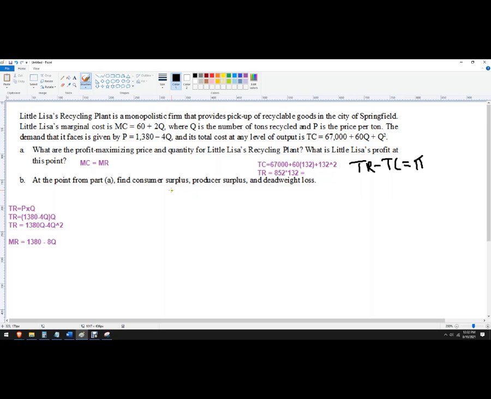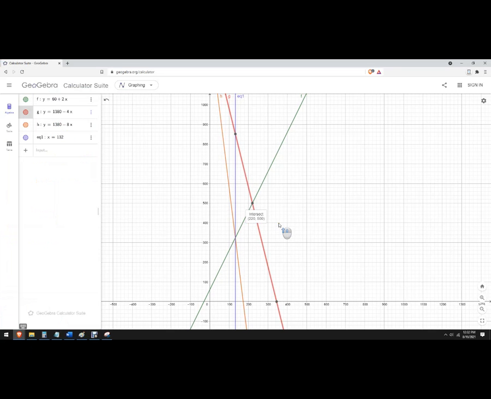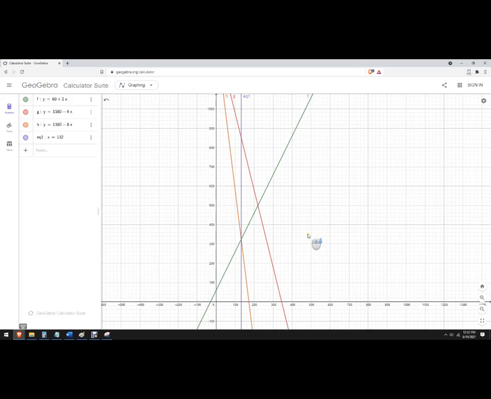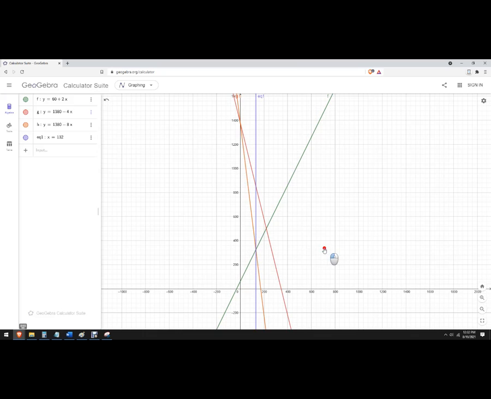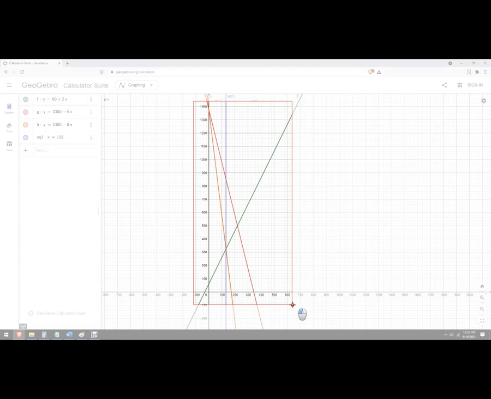All right, find consumer surplus, producer surplus, and deadweight loss. Okay, so let's go back to our calculator here. So deadweight loss is going to be the area of this triangle from here to here. Actually, let's do it this way. I can just draw on it right here. Take a new snip right here.